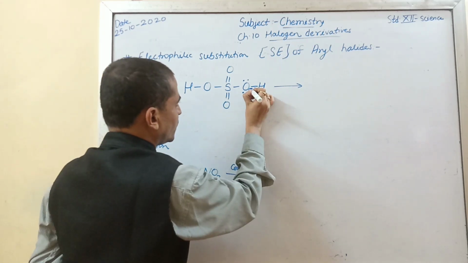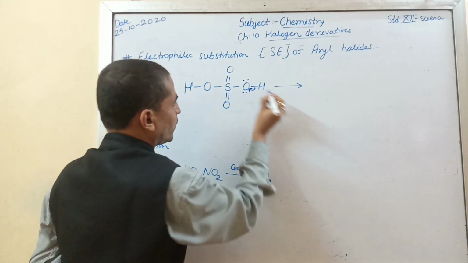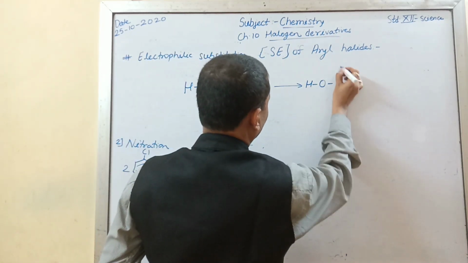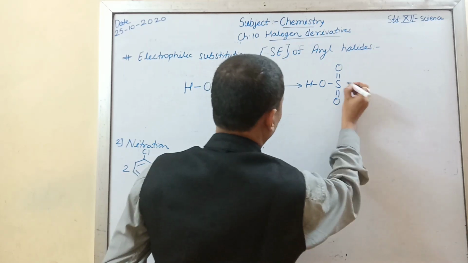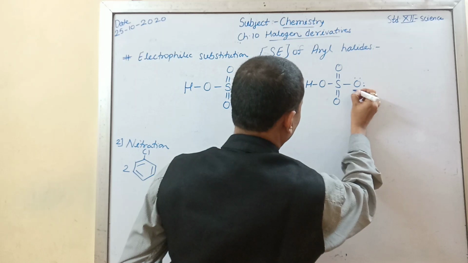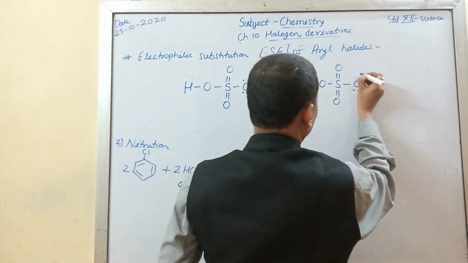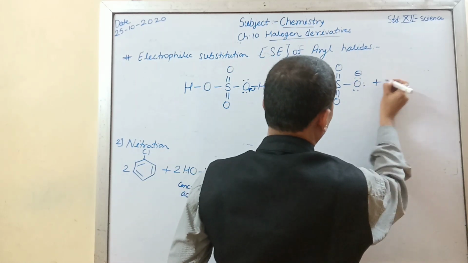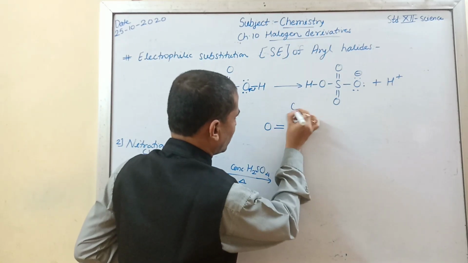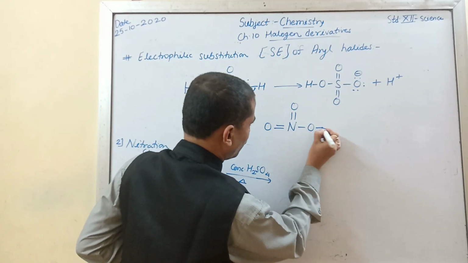There is a removal of proton. So what will we get? HOSOO with a negative charge, plus H plus. Now the H plus goes to nitric acid.